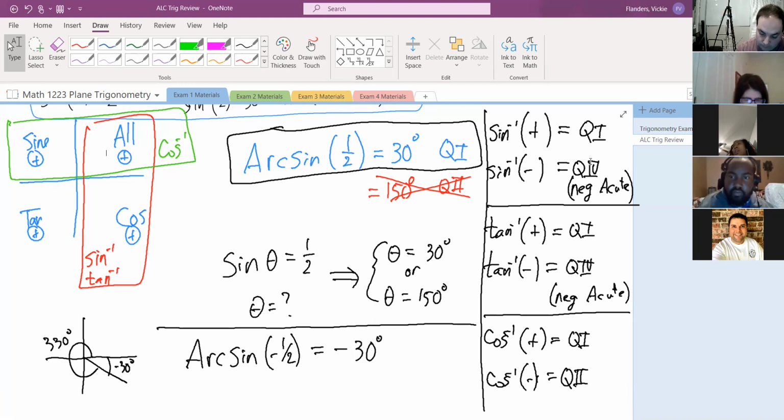So for example, if I ask, what is the arc cosine of negative 1/2? I'm going to have to go back to my chart and remember, hey, which angle had a cosine of 1/2? It was which acute angle? Which acute angle had a cosine that was 1/2?